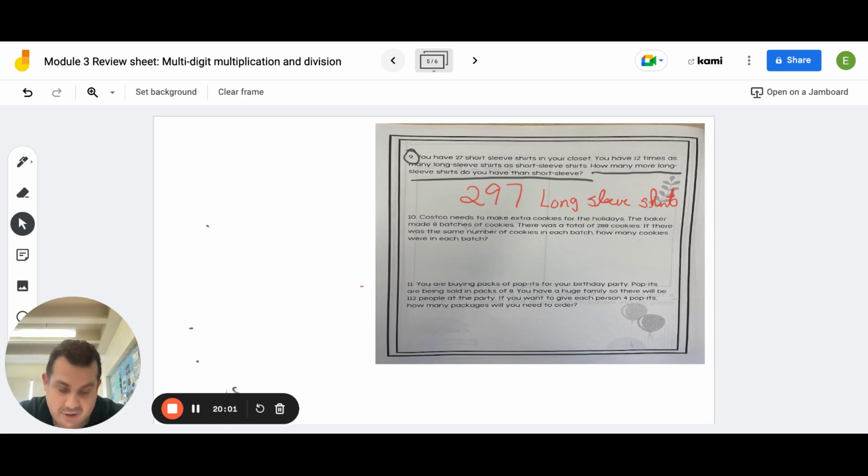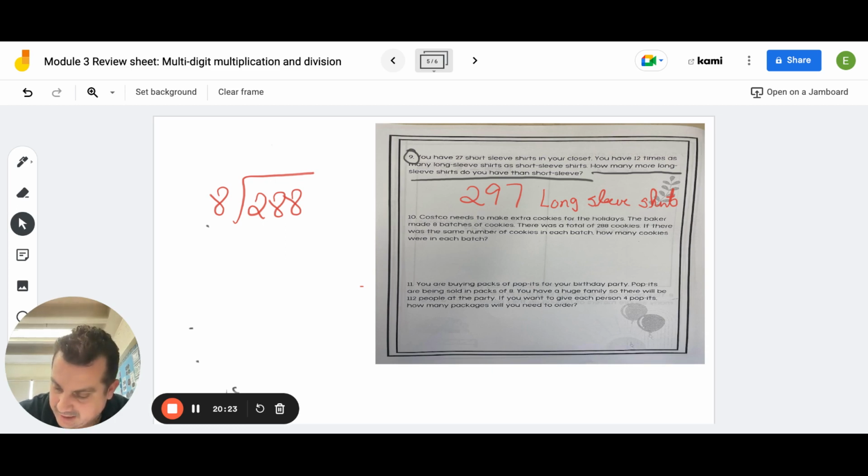Well, we're making extra cookies for the holidays, okay? And the baker makes 8 batches of cookies, and there was a total of 288 cookies. Total of 288 cookies. And he's making 8 batches. So I have to divide that by 8. Same amount in each batch.